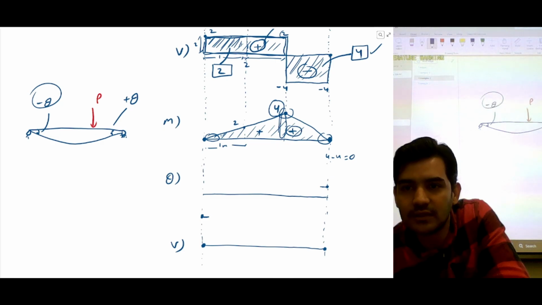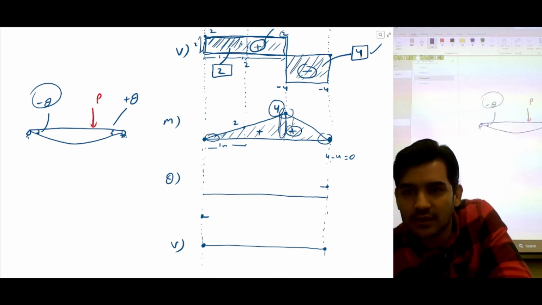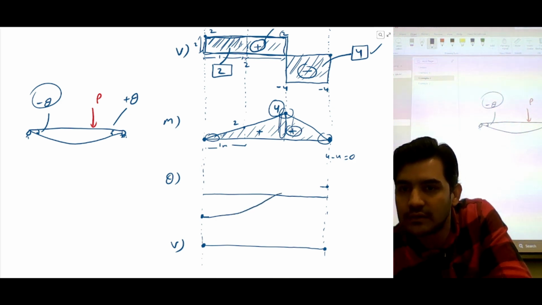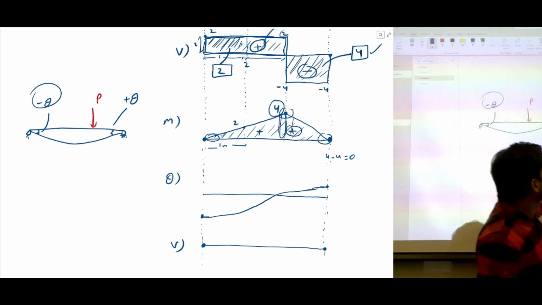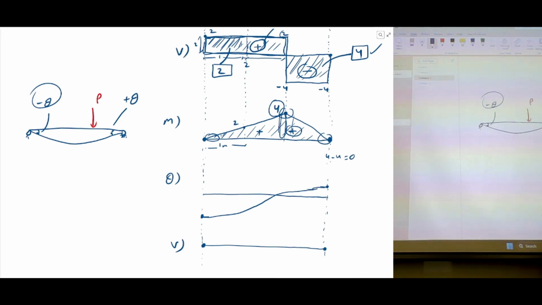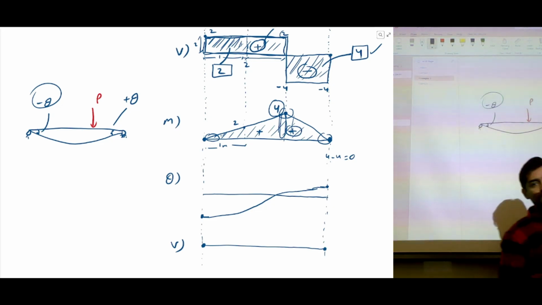And this is a larger area, so it's going to be something like this. So it's a straight line. If you integrate a straight line, you're going to get a curve, cubic.